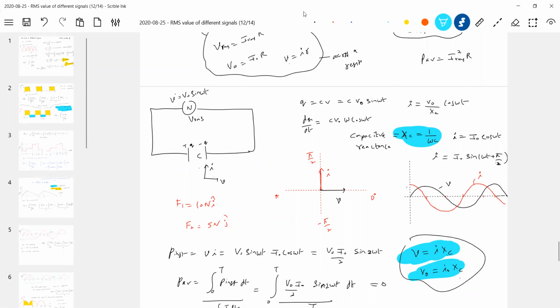And voltage and current are not in phase. You do remember, they are 90 degrees out of phase. The current will lead the voltage by 90 degrees. So what will the capacitor do? I'll write it here.